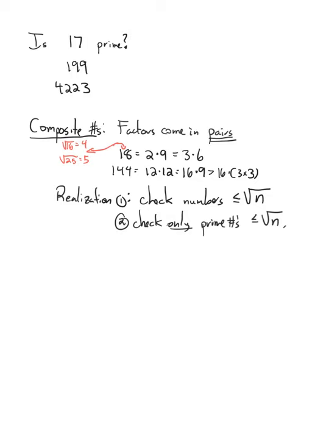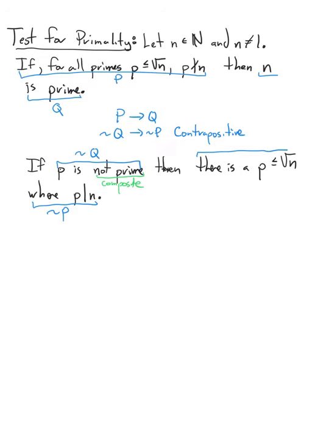So let's prove this. Let's prove this using a mathematical proof, a nice if-then statement, to make sure that this definitely holds. But it is basically this idea. So here's our result that we're going to prove. I'm just expressing it in the language of mathematics a little more exactly than what we talked about. Let's read it. Let n be a natural number or a counting number, and let n not be 1.